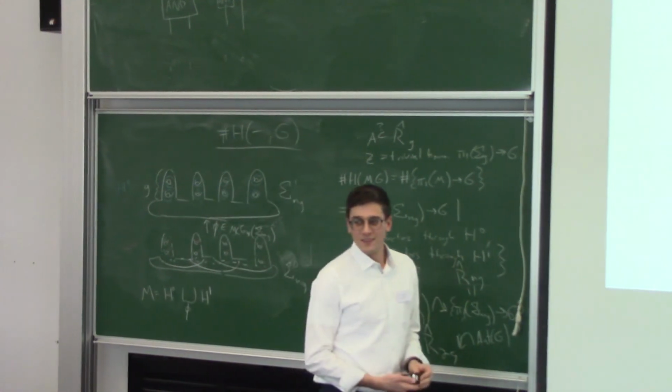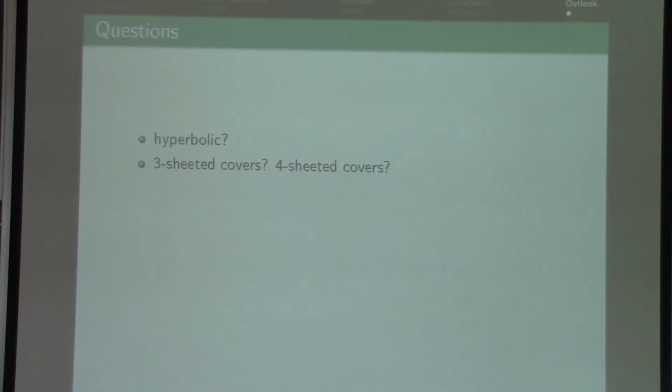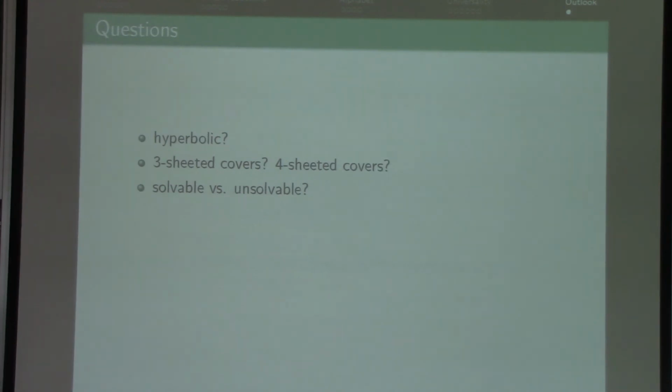So we have this corollary about finding covers, 5-sheeted covers. That's difficult. What can you say about 3-sheeted covers or 4-sheeted covers? Kind of generalizing, is there a dichotomy theorem?